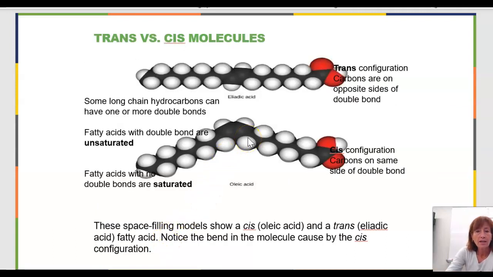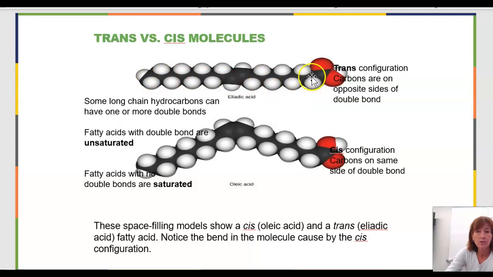This is looking at, again, the effect of being one of these cis or trans molecules. And I'll talk about this more in class. I don't know why this figure got weird, but we're going to see that it does have a big effect, because these long chains of hydrocarbons are found in fats.